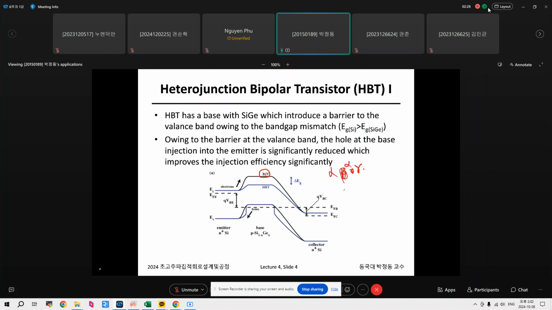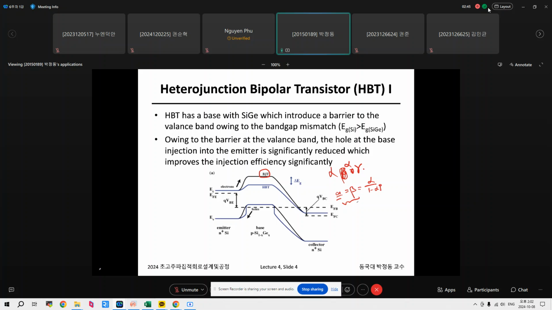Also, beta is alpha divided by 1 minus alpha, which means if alpha is close to 1, then beta is infinite. This is what we want.